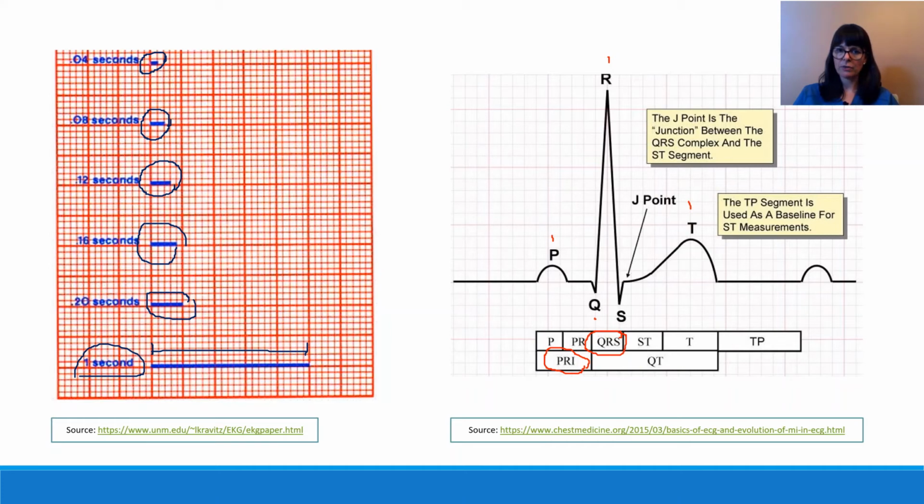And the J point is very important to look at because there is something called the isoelectric line. And that is this line that starts out right here and then continues very straight. My line here is not very straight, but you can see this line starts here and then comes exactly back to the same amplitude, to the same height here.